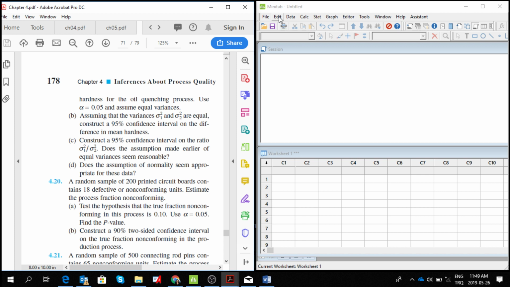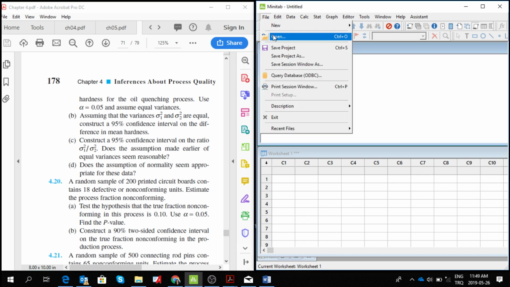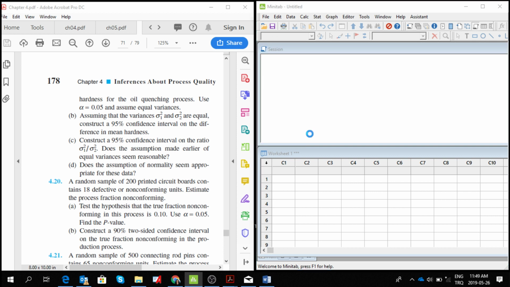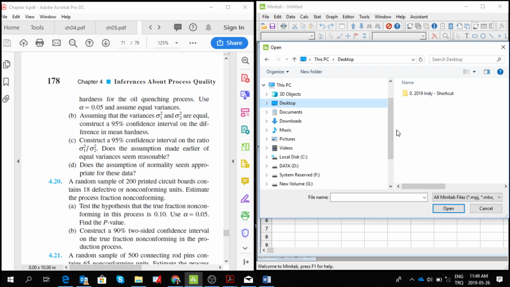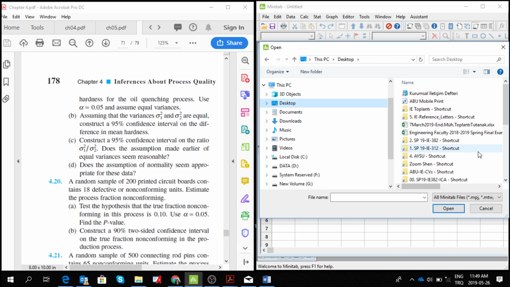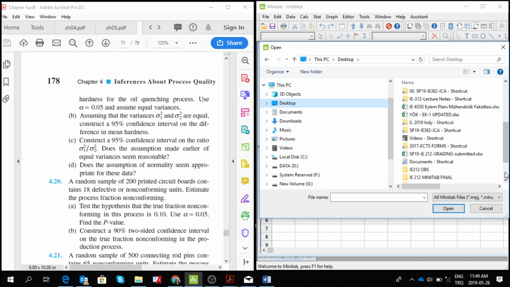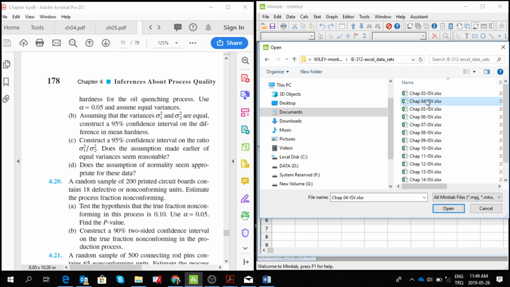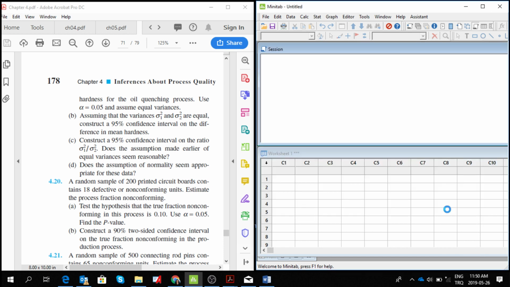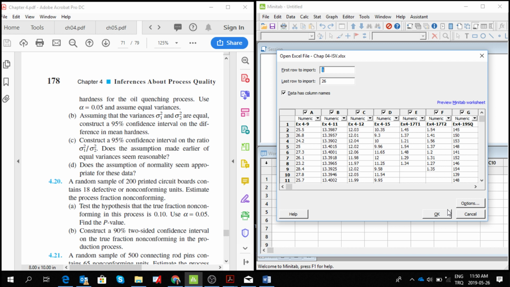First, we would like to open up the files, chapter 4. This is the data set we are opening up.